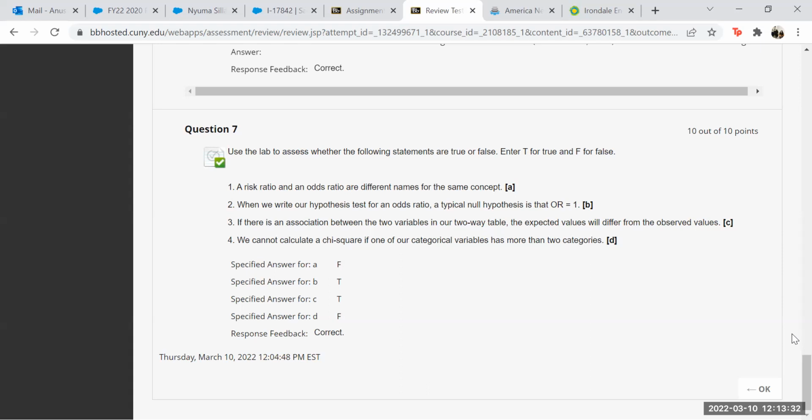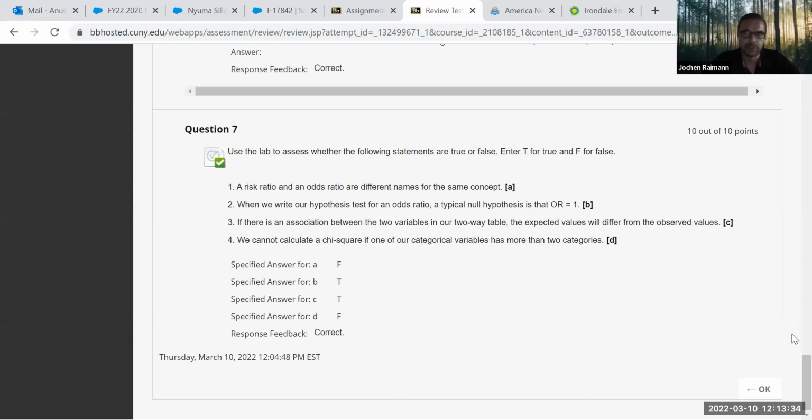Well, the expected value is different because you calculate it from the marginal totals and from the probabilities on the marginal totals. On the outside of the table, you have the sums of each, and you're calculating based on both in reference to the overall count within all 4 cells.